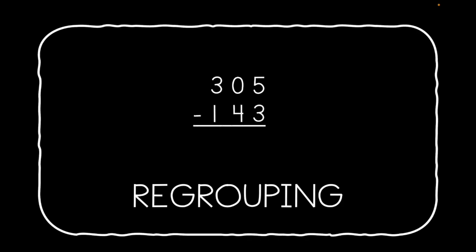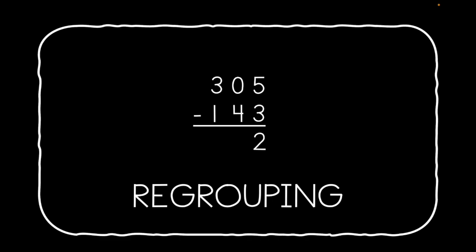All right, 305, and we're going to subtract 143. Okay, so if you've got a kid who's at the end of third grade or fourth grade, they're using the standard algorithm. So they're going to go over here to this ones place and say 5 ones minus 3 ones, that's 2 ones. So they're going to go to this tens place and see this digit 0 in the tens place and realize if I've got to take away 4 tens, I'm going to have to do some regrouping.